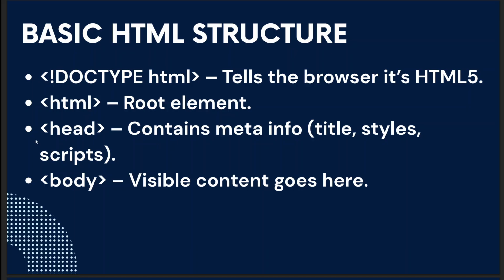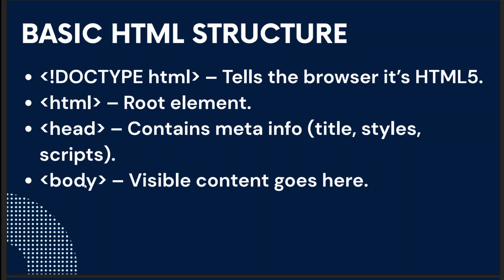Then inside the HTML we have the head. So the head contains the meta information like the title of your page, the scripts. Then scripts, I'll come to this later because it's a bit complex for now because you haven't covered much about HTML.